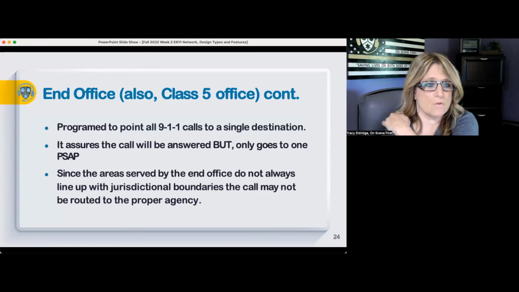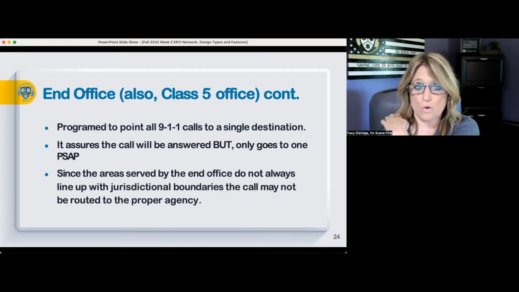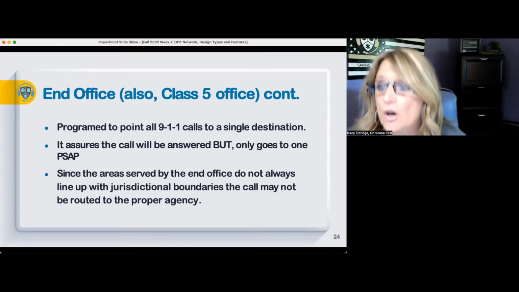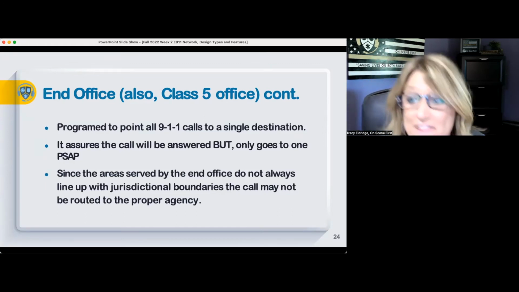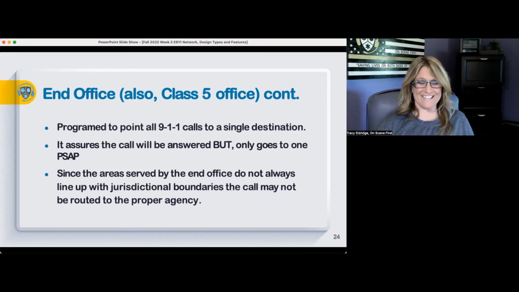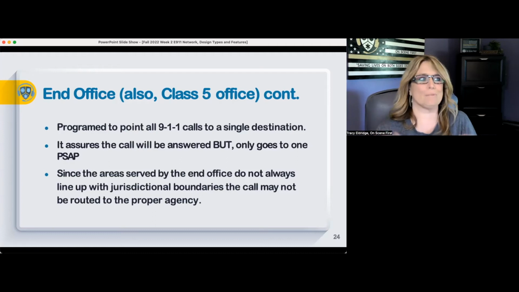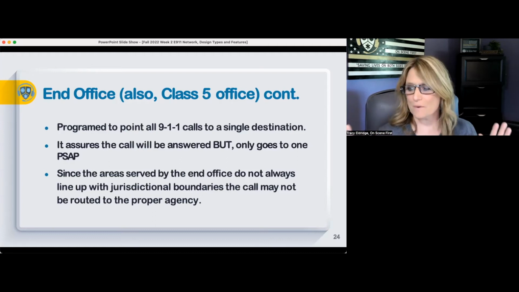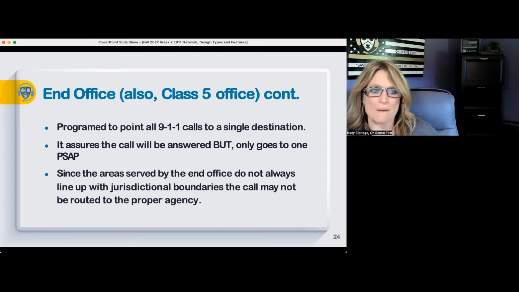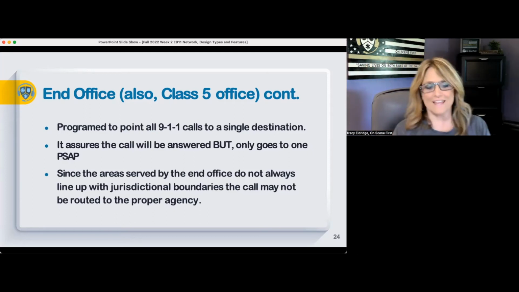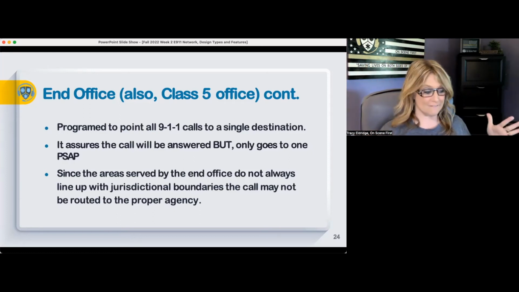All right, so the end office, which is also called the class 5 office, and silly as it is, here is my little ADHD tip to remember it. For me, it was in 5th grade.